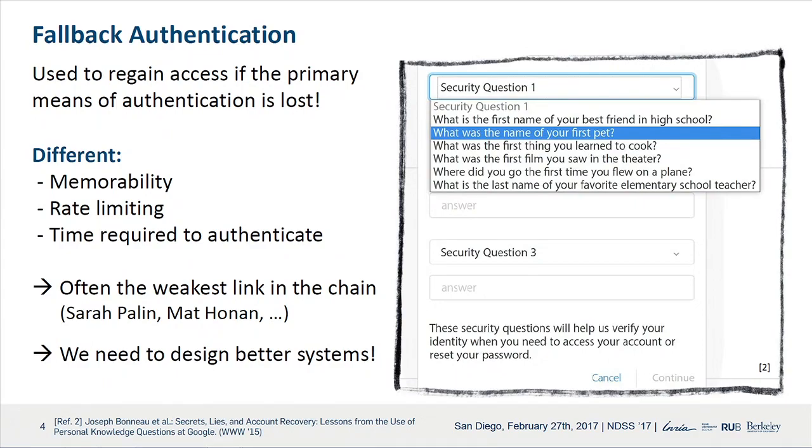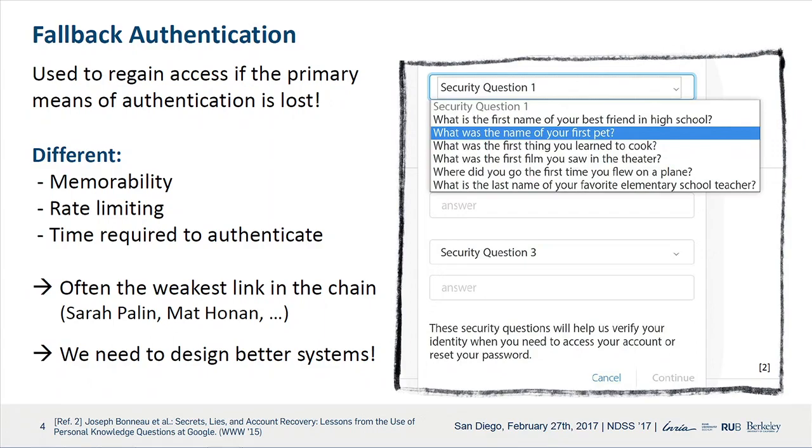So fallback authentication is quite different to primary authentication, for example, in terms of memorability and rate limiting and the time required to authenticate. So a fallback authentication secret needs to be memorable for longer time frames. Rate limiting is more relaxed or more strict, it depends, and time required to authenticate is different as well, so it can take longer as it's not used that often.